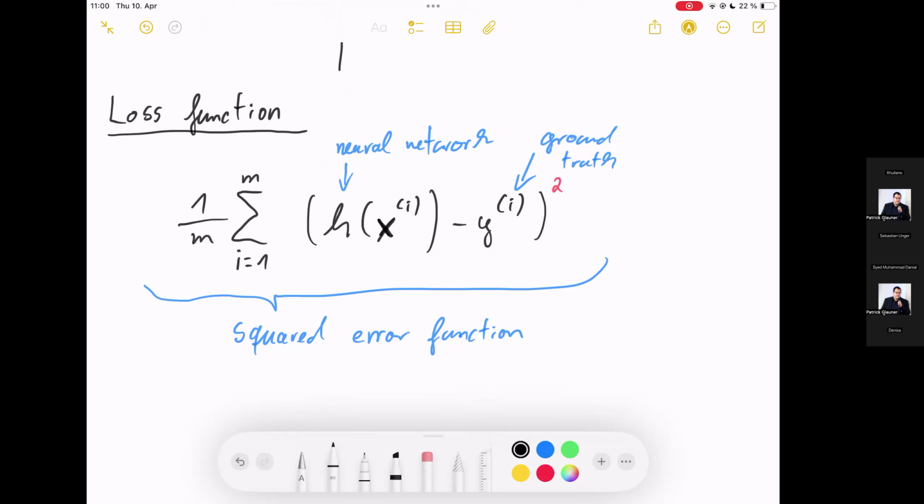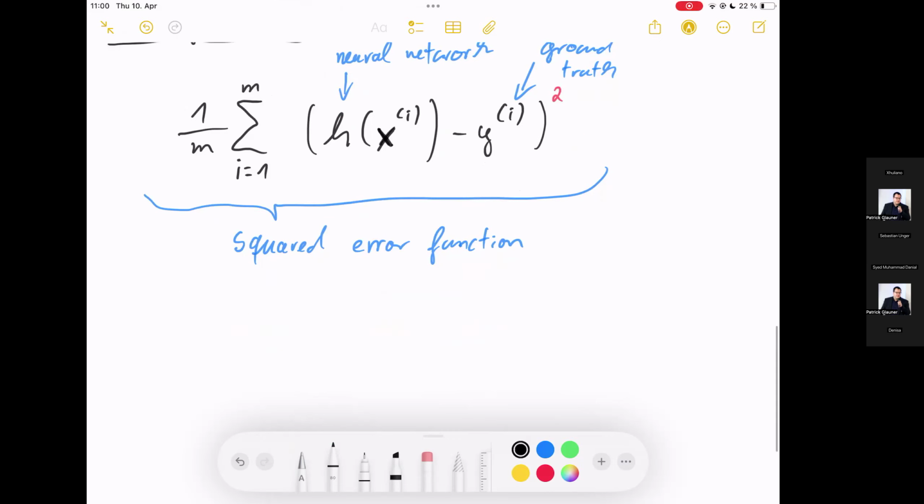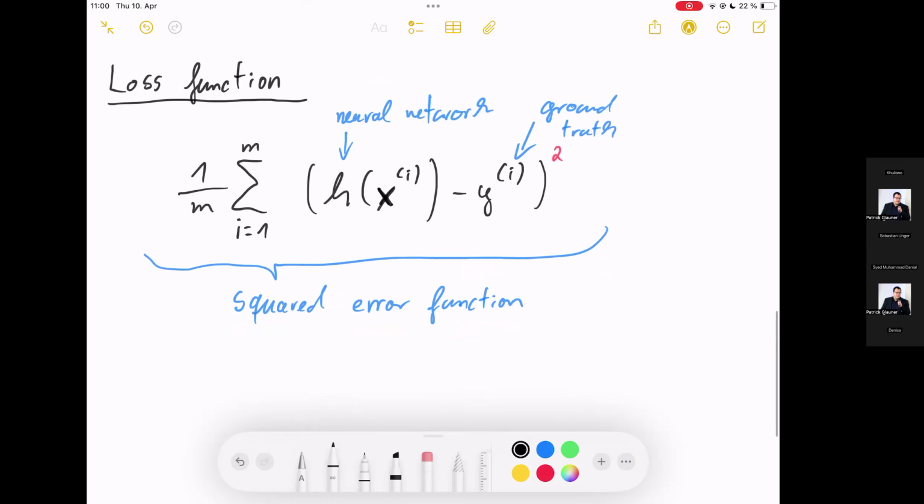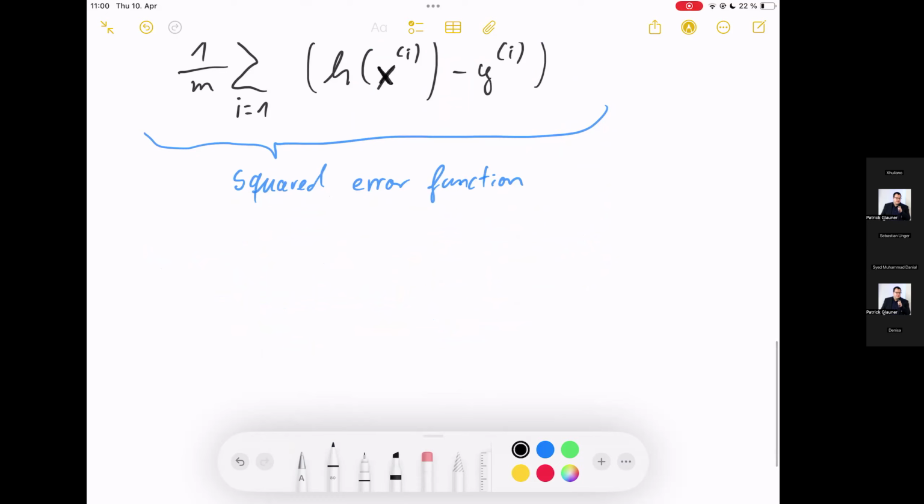There are other error functions. So the squared error one you can use for both regression as well as classification. For classification in particular, there is a different function that we like to use. It's called the cross entropy.